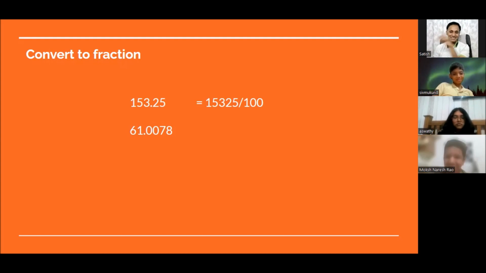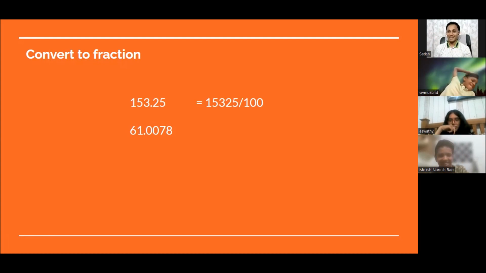A 0 at the first or last of a decimal doesn't have value. In the integer, it has value, like 10,000. In the decimal, zeros at the end don't have value.